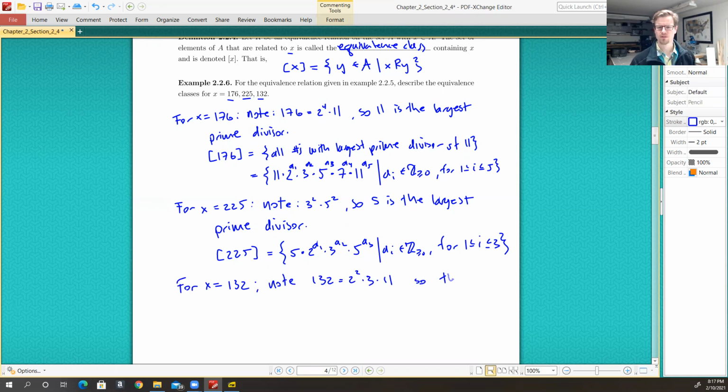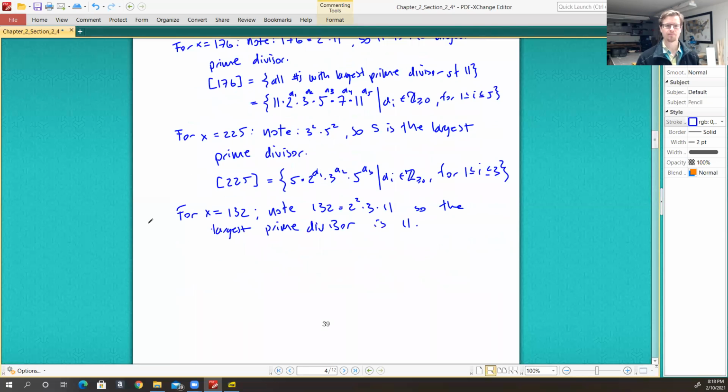So the largest prime divisor is 11 in this case. But that's the same as what we found up here, the equivalence class containing 176. So I don't have to do any work, right? They have the same largest prime divisor. So the equivalence classes are the same.